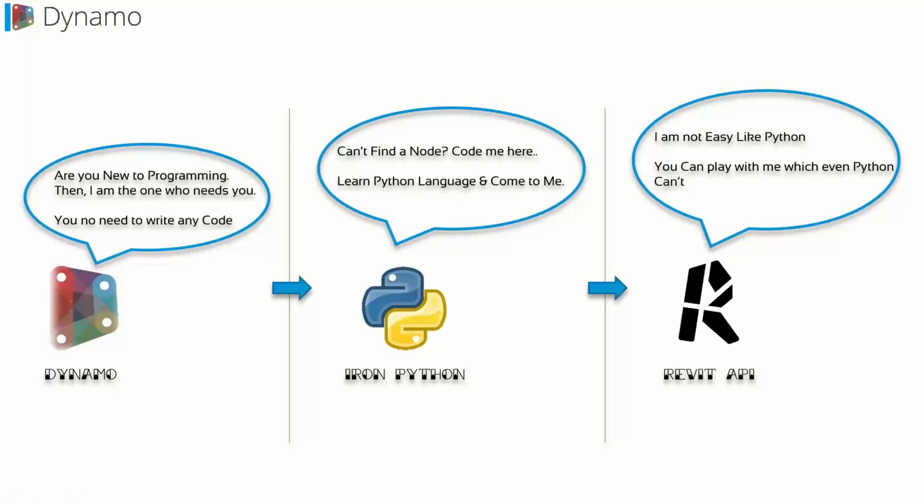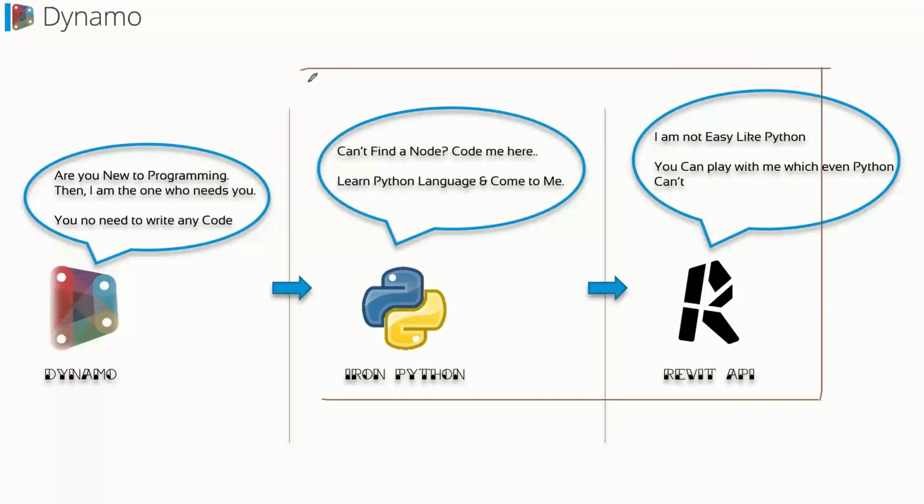For example, if 10% or 20% of programming concepts are required to learn Dynamo, I'll teach that 10 to 20%. So in Dynamo we are going to play with 80% Dynamo concepts and 20% programming concepts. But in the IronPython module, we learn 80% coding and 20% Dynamo interface and some other interfaces.